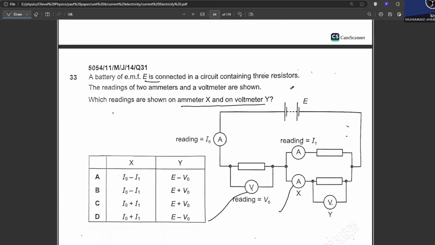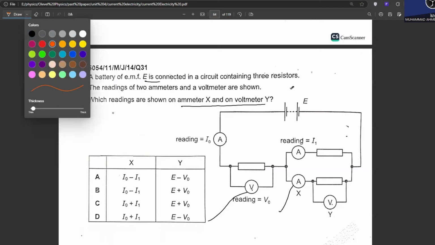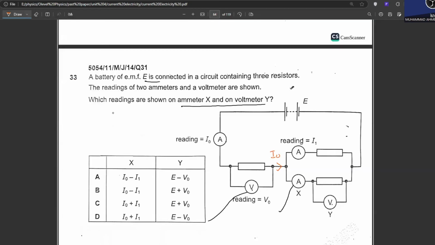First of all, for ammeter X, if I have a current I naught here, it gets split up into I1 and this current at ammeter X. The current at X will be equal to I naught minus I1. What will be the voltmeter reading across this voltmeter? EMF E minus this voltage V naught. A is your answer.